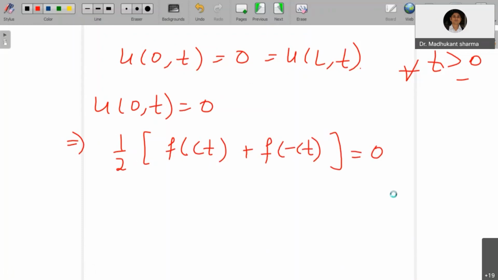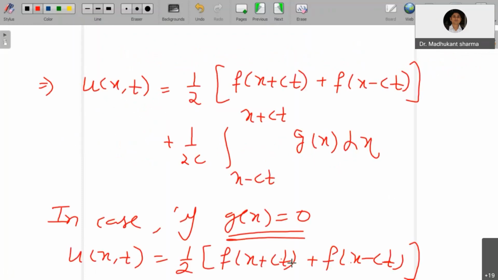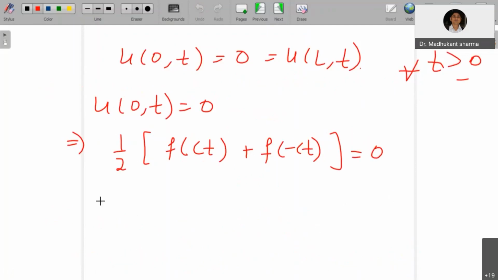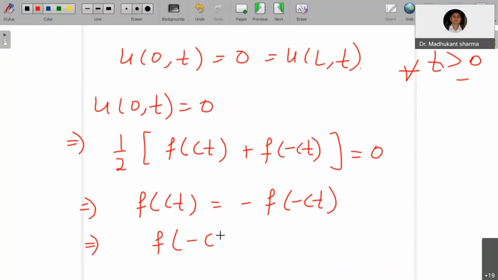If you replace x by 0, you will get this, right? So this will imply f of ct is equal to minus f of minus ct, or f of minus ct is equal to minus f of ct. t is positive anyway, c is positive. So this implies f is odd.